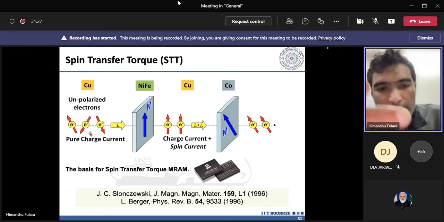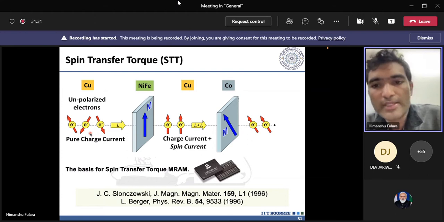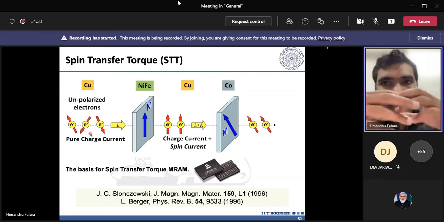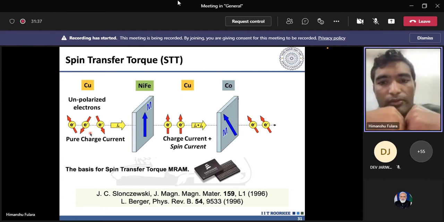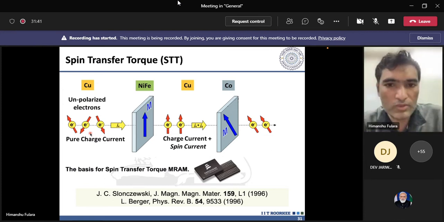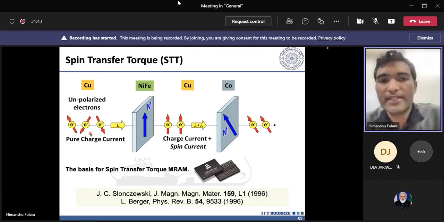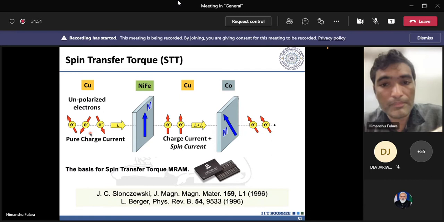And this spin polarized current is very small to basically drive this dynamics. So effectively, we are able to operate devices with a very small charge current. So basically, these are energy efficient devices. But we can only do these things in nanoscale devices, right?